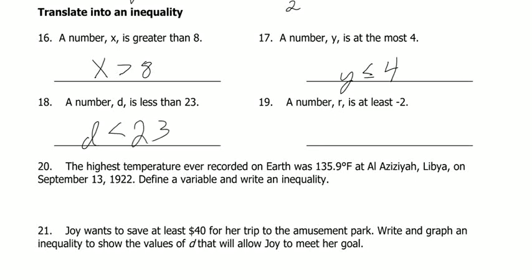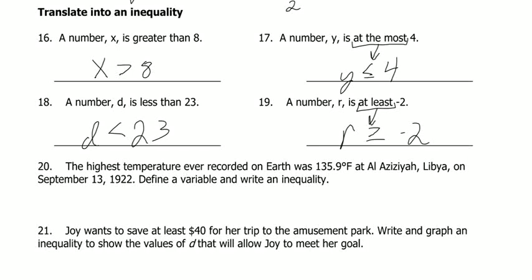And r is at least -2. There's those words "at least" and "at most." At most is going to be that less than or equal to. You need to make sure that those are in their corresponding boxes at the beginning of this whole set of notes. Those are going to be good for you to refer back to.